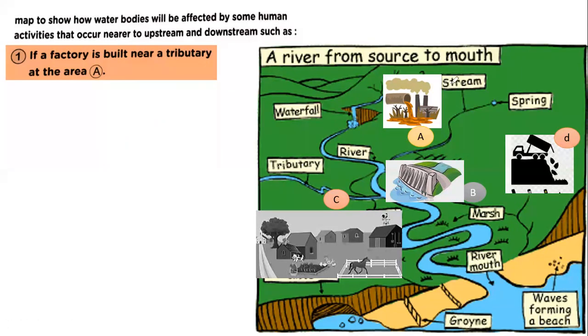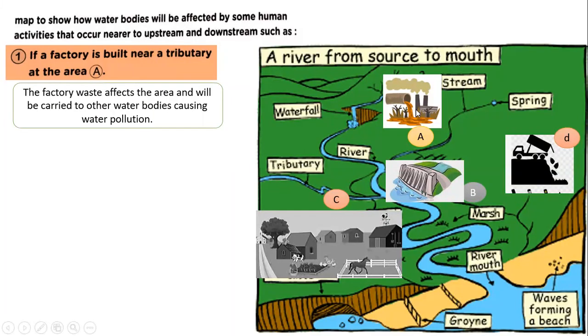A factory. هنقول ان في مصنع اتبنى هنا في المنطقه دي. اوكي and the factory هيعمل ايه بقى؟ Dump its waste in the stream. هيرمي الويست بتاعه هنا في الستريم ده. سهل طبعا we can predict صح؟ So the waste moves from the tributary into the river and the waste moves from the river into the watershed. The factory waste affects the area and will be carried to the water bodies causing water pollution. هيحصل هنا water pollution.